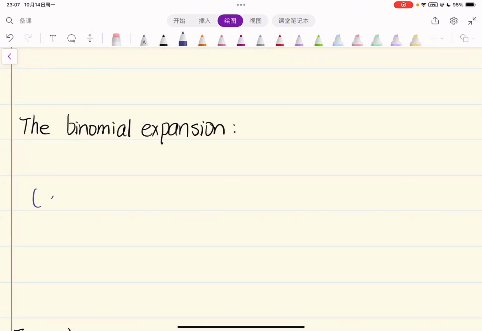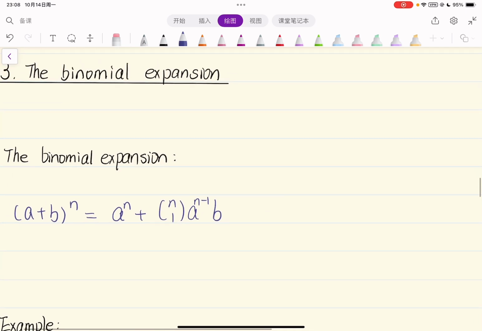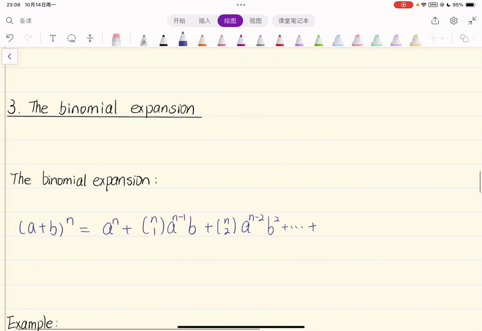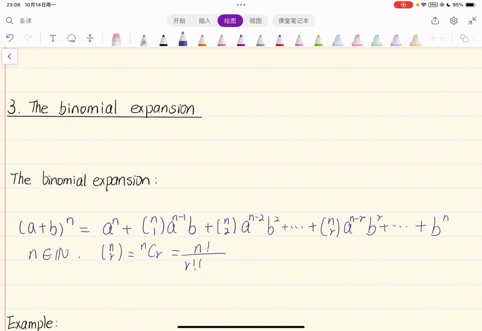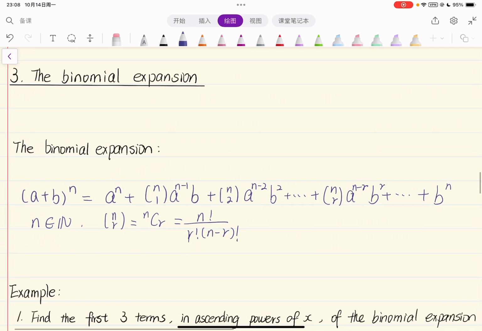That is, a plus b to the power of n equals a to the power of n plus n choose 1, a to the power of n minus 1 times b, plus n choose 2 times a to the power of n minus 2 b squared, plus and so on, plus n choose r times a to the power of n minus r times b to the power of r, plus and so on, plus b to the power of n, where n belongs to the natural numbers, and n choose r equals n factorial over r factorial times n minus r factorial. So here is the binomial expansion.